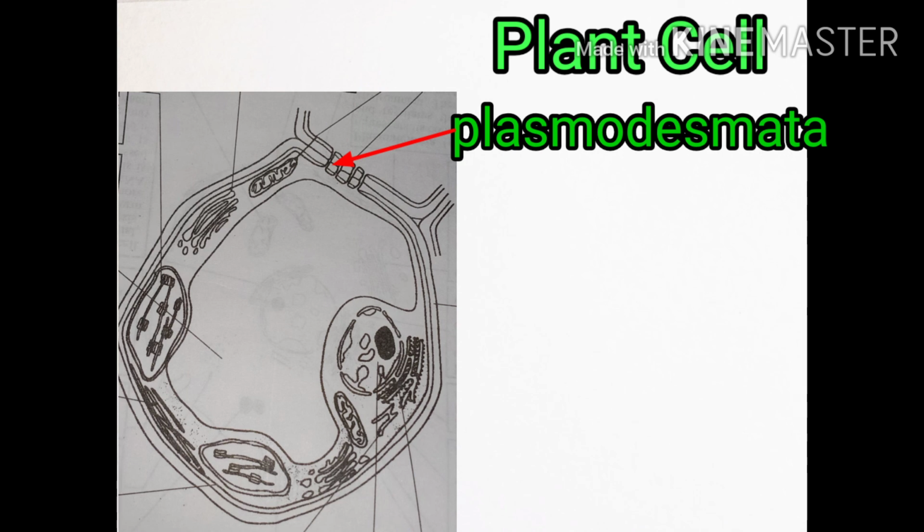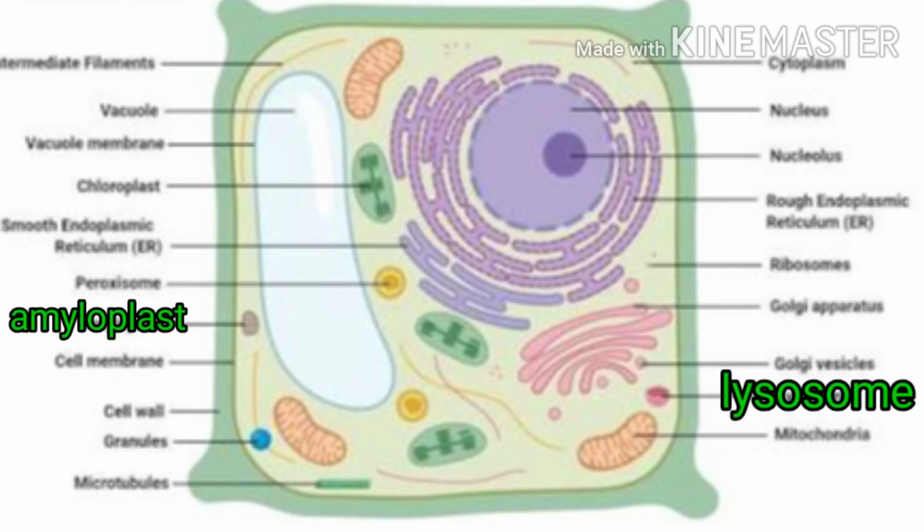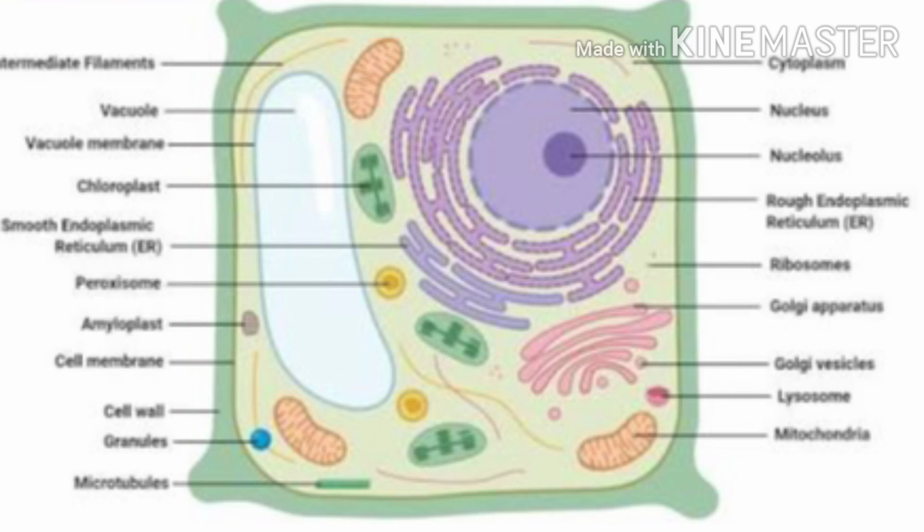These cell-cell cytoplasm connections are important in cell survival during periods of drought. The ER of adjacent cells is also in contact through these strands. Apart from this, some plant cells also contain lysosomes, amyloplasts, peroxisomes.